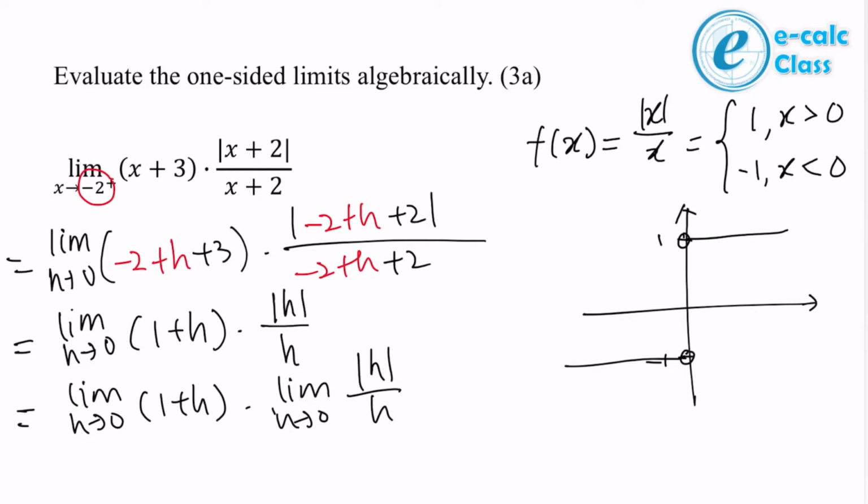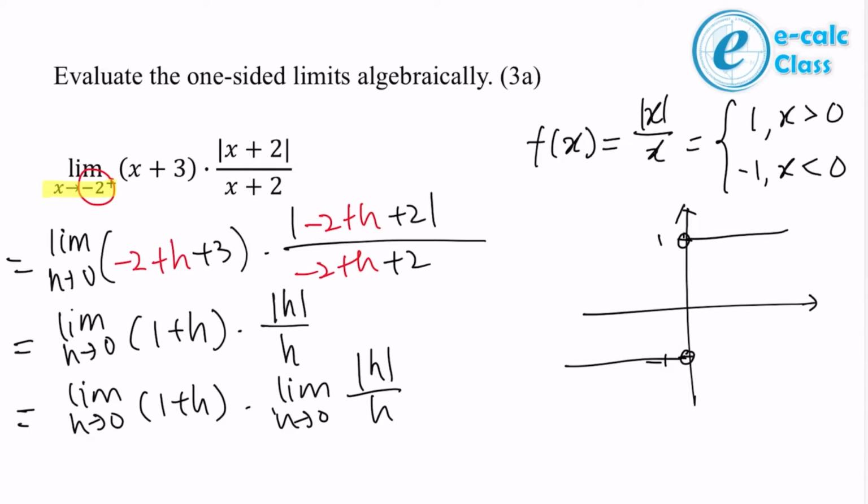And now you ask yourself, is your h from the right or from the left? This time you have to consider whether it's from the right or from the left. So you have to come back to the question. You are approaching negative 2 from the right. Let's take something on the right, maybe negative 1.